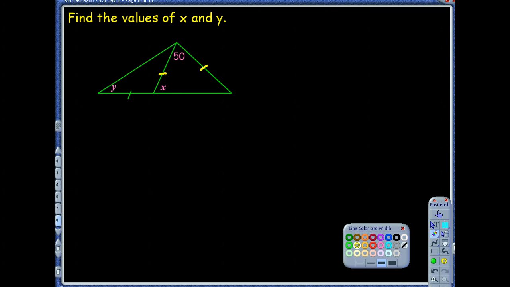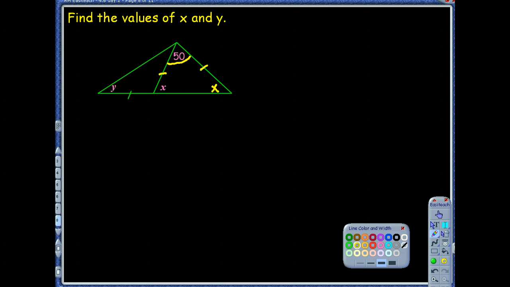So I know that in that triangle with the 50, that 50 represents the vertex angle. Nice vocabulary. And the fact that these two sides are congruent means the base angles, the other two angles, are going to be congruent to each other. So that angle that's not labeled is going to be the same as X, the other one. Those are going to be the same value.